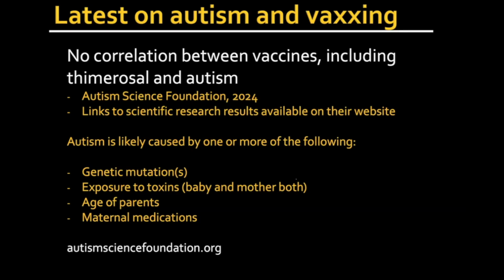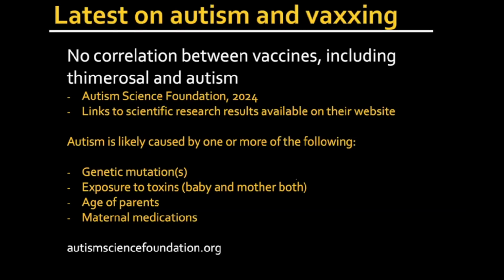The more genetic mutations, now, a baby might have 1 or 2 genetic mutations, and that's not as bad as having 18. So if you have genetic mutations, the more, that's going to make them more prone. Exposure to toxins, the age of the parents, I was very surprised to read this, and also maternal medications, which could also be read as exposure to toxins.